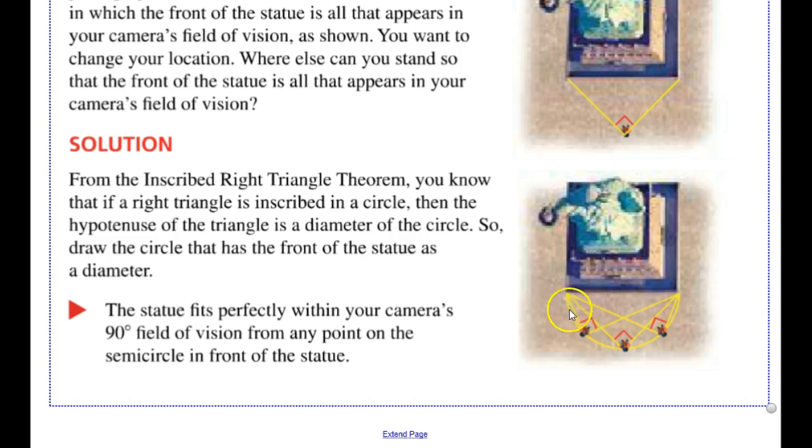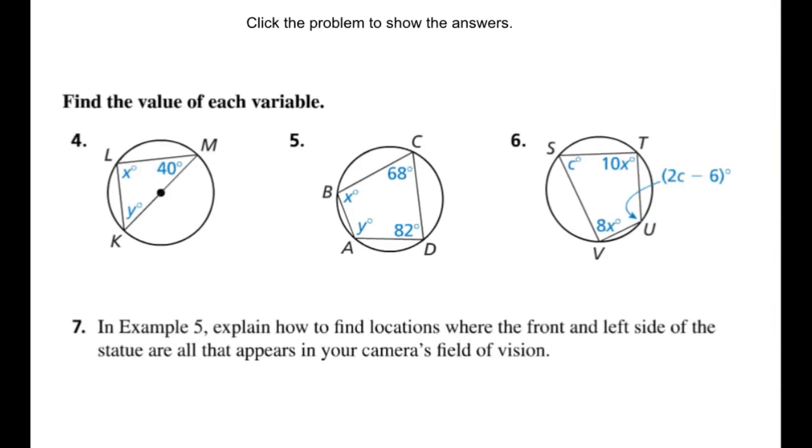Anywhere that I fall on this circle, I will still get this 90 degrees, and I will still end up with only the statue being in my range of vision. Okay, so once I figure out that this has to be the diameter of the circle and I draw the rest of my circle, I know I can stand anywhere on that and still get the statue in my camera lens.